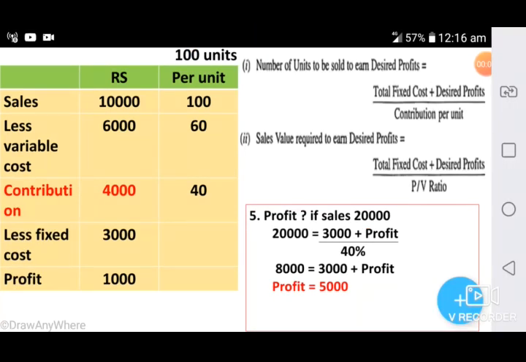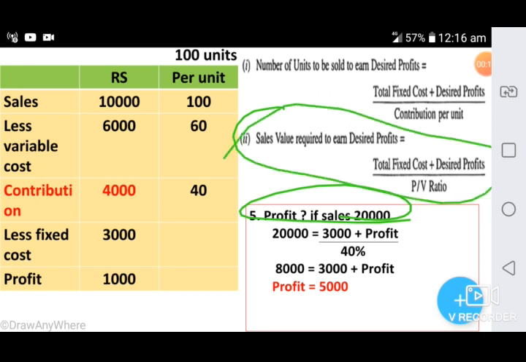Then the last one, calculate profit if sales value is 20,000. Here the sales value is given, so this equation can be applied. Sales value required to earn desired profit equals total fixed cost plus desired profit divided by PV ratio.